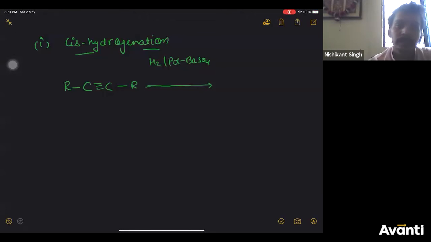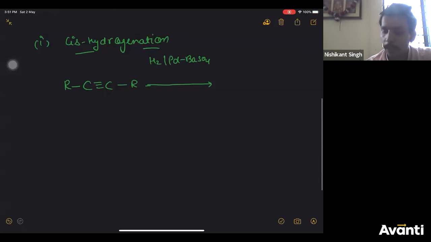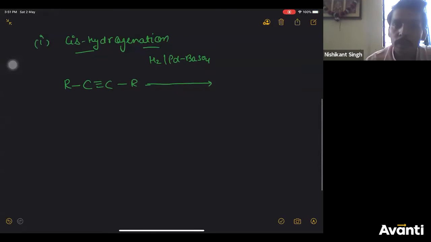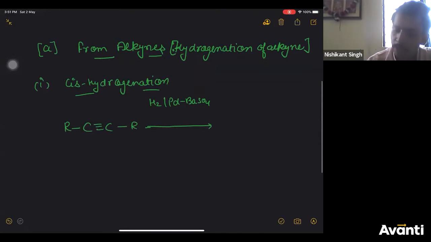Now, if you take H2, Pd-BaSO4, this is one reagent. It is called Rosenmund reducing agent.